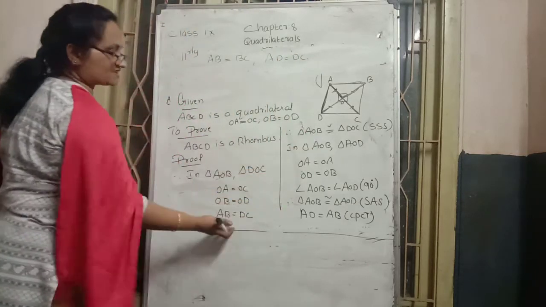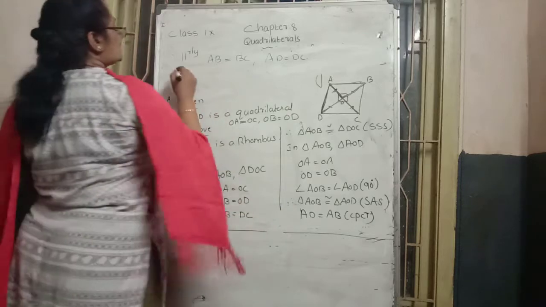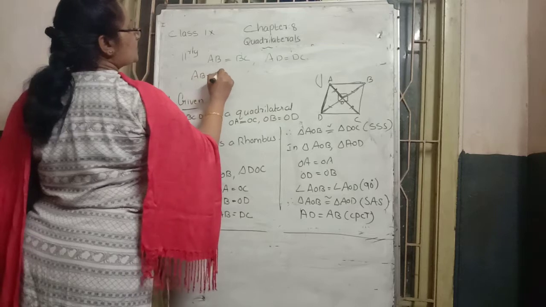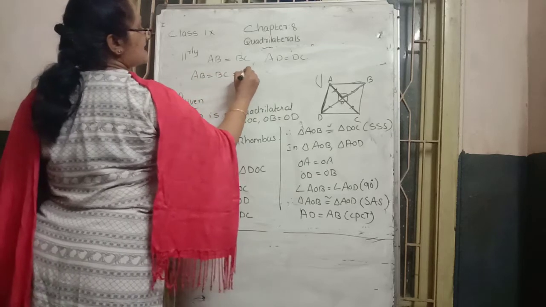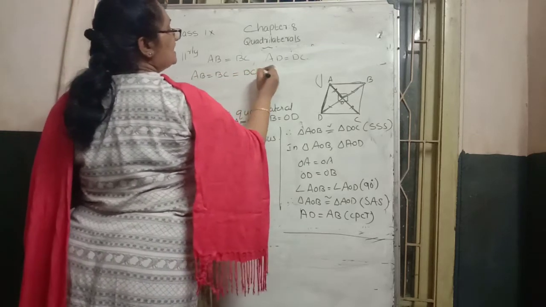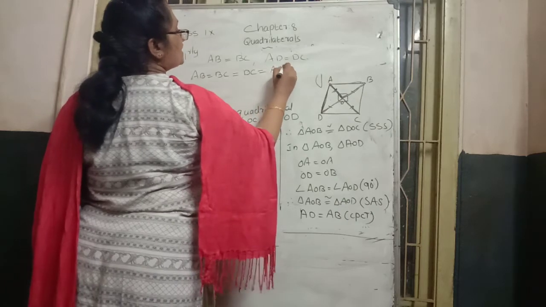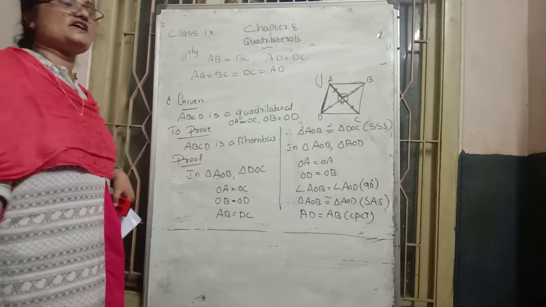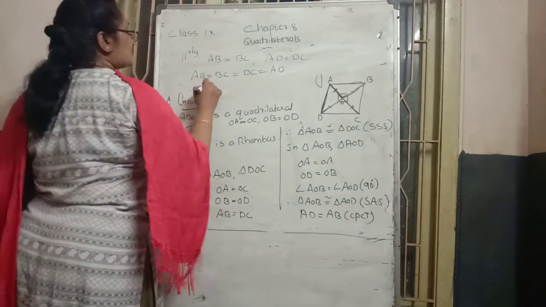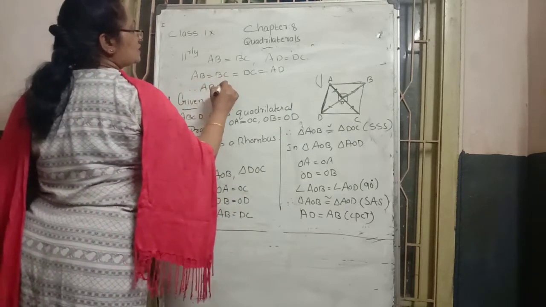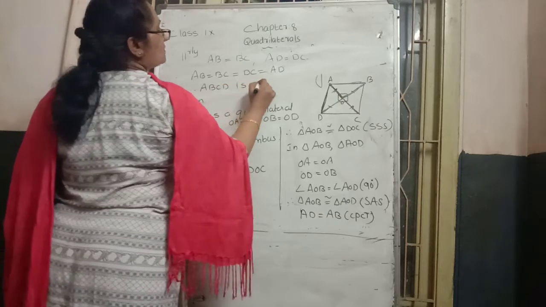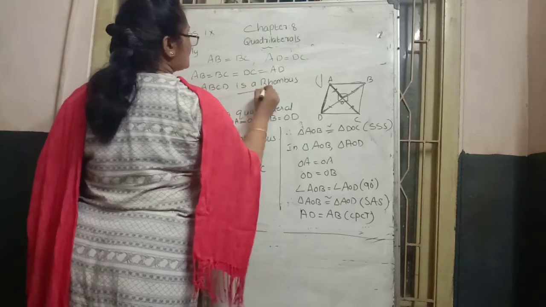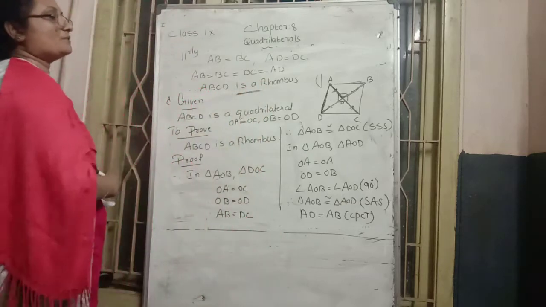Now we have proved all sides are equal. AB side is equal to BC side, BC side is equal to DC side, and DC side is equal to AD side. All sides are equal. That is the property of a rhombus. Hence, we proved that quadrilateral ABCD is a rhombus shape.